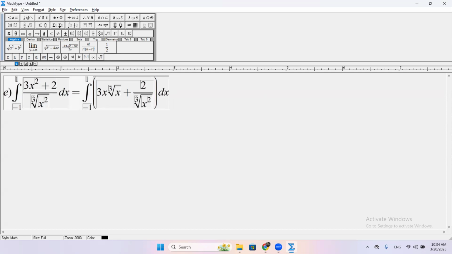And now let's split it into a sum of two integrals. By the way, this integral has no other singularity point.